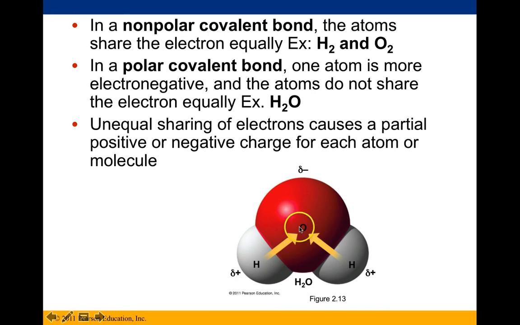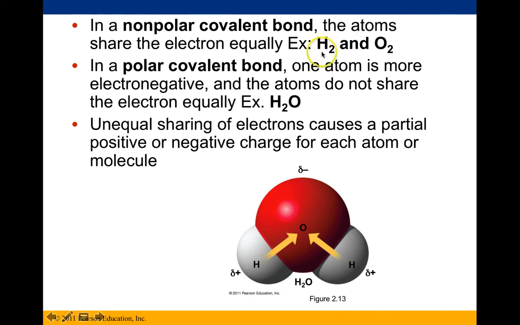This is due to electronegativity of oxygen, which is causing the shared pair of electrons to spend more time with itself. So this sharing of electrons is occurring unequally, so this kind of covalent bond has a name. This bond in water molecule between a hydrogen atom and oxygen atom is called polar covalent bond.